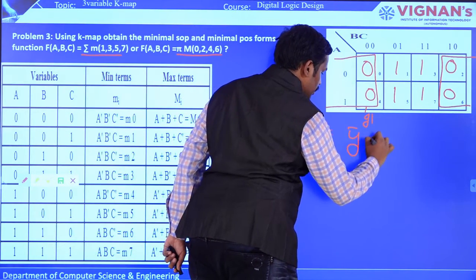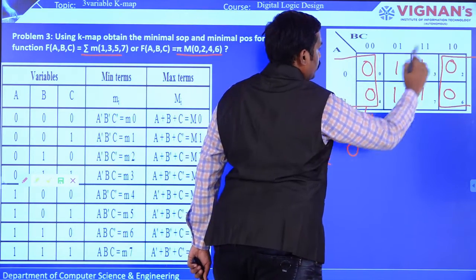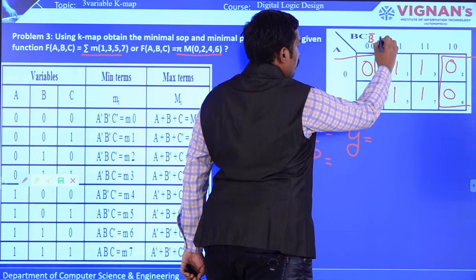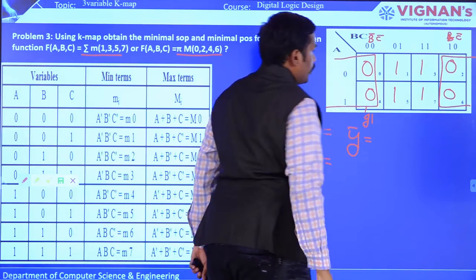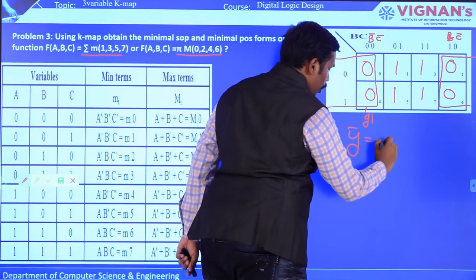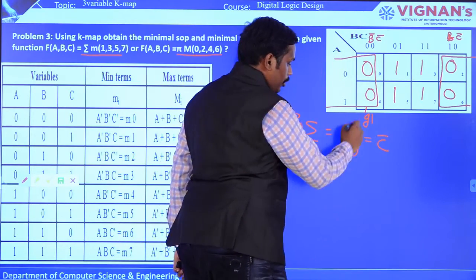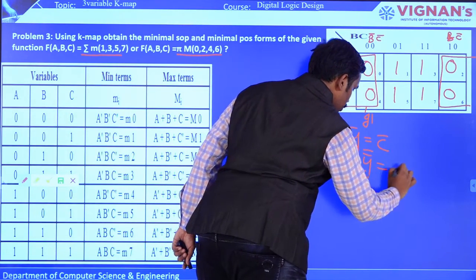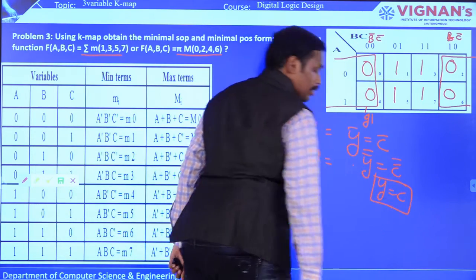So y bar is equal to, so column wise, you can see B bar C bar, and B C bar, right? So you can see the commonality there. C bar is a common term for that particular quad, so we call it C bar, right? So as per the De Morgan law, you have to negate the expression. So y bar bar is equal to C bar bar, and y is equal to C. This is the final expression for POS.